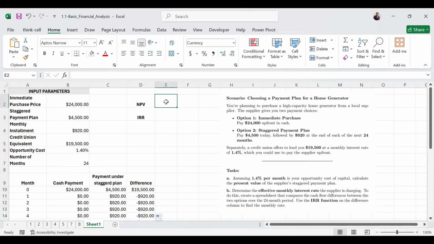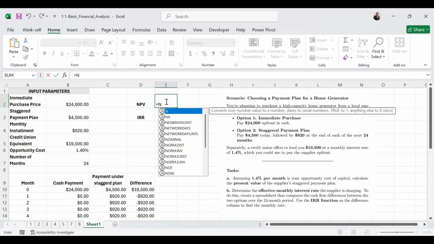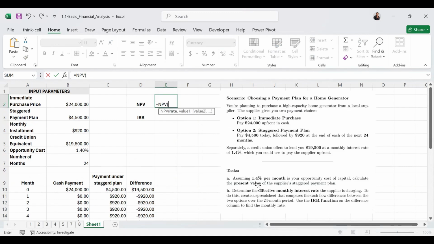Now we are going to check for our NPV. To check for our NPV, we use the NPV function, and this helps us answer the first question, to calculate the present value of the supplier's staggered payment plan. So we do NPV, and the rate that we are using is this opportunity cost, and the values that we are using will be this difference.